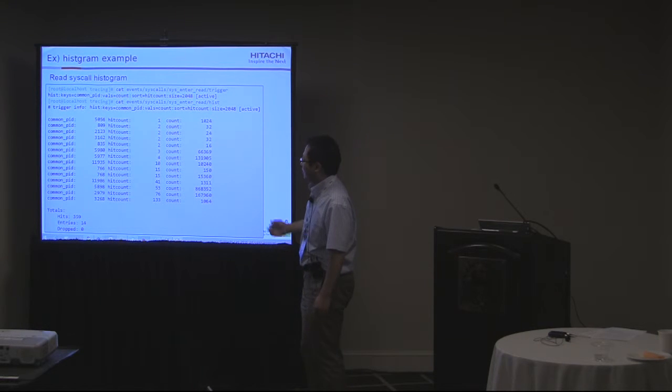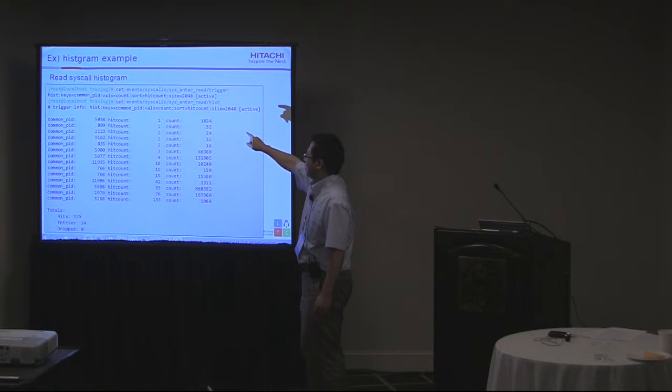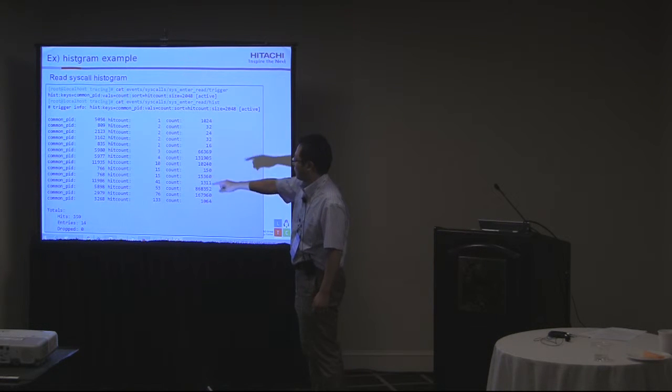In the first line, we can see that the hist trigger is set on this read event, and by reading the hist file, we can get this kind of histogram.